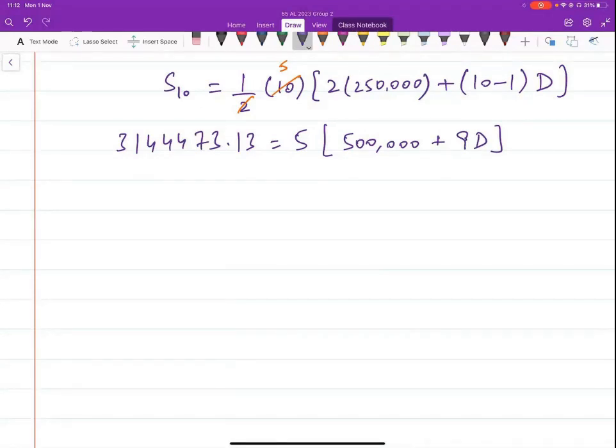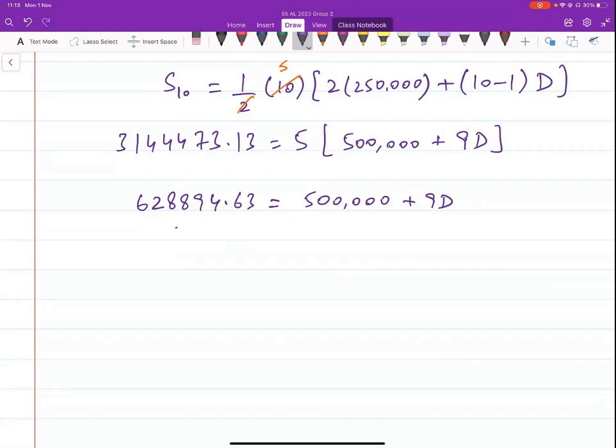5 को जाके divide कर दे वहाँ पे. What will you get from that? Three one four four four seven three divided by 5. What is that? 628894.63.